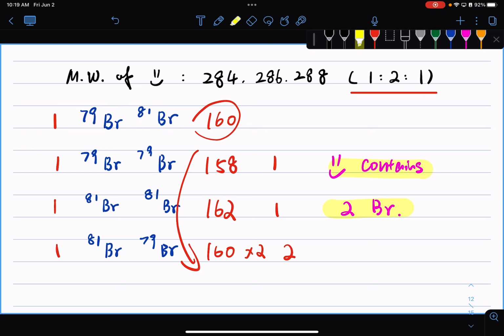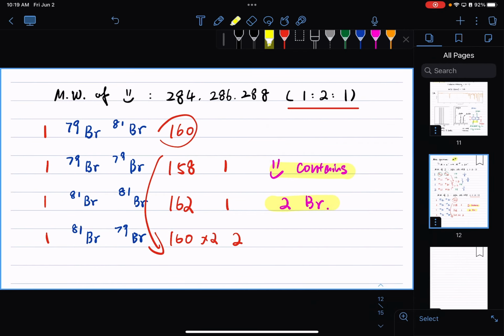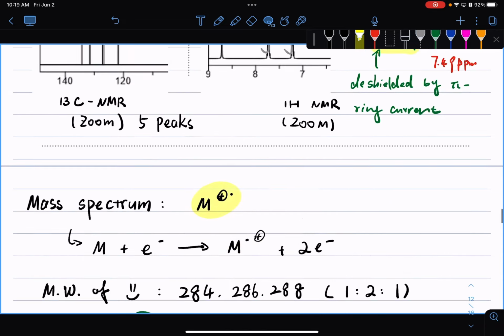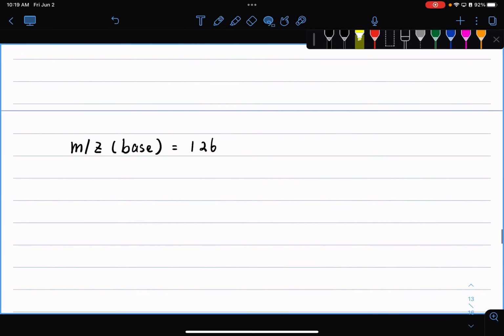So this 126 is a little bit peculiar. All right, so our base peak is 126. And this 126 does not have any of those isotopic effects. So that means it's likely we lost both of our bromine atoms and end up having our 126 peak.